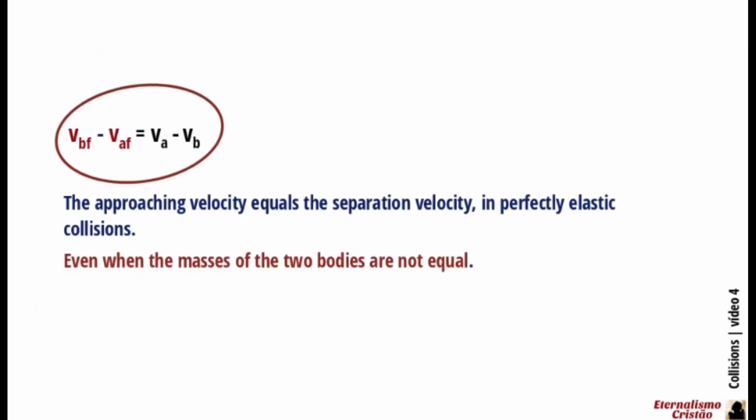Observe several examples of perfectly elastic collisions between different masses. See how the separation velocity, VB final minus VA final, always matches the approaching velocity, VA minus VB.